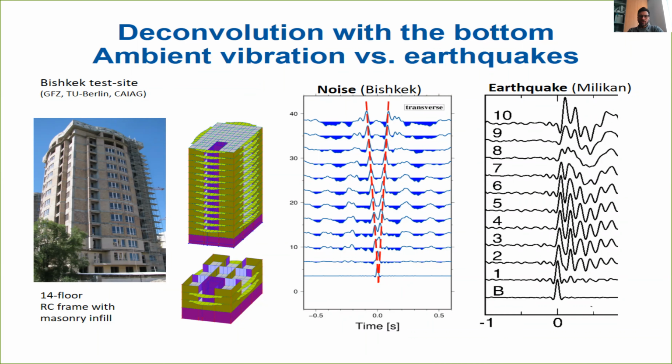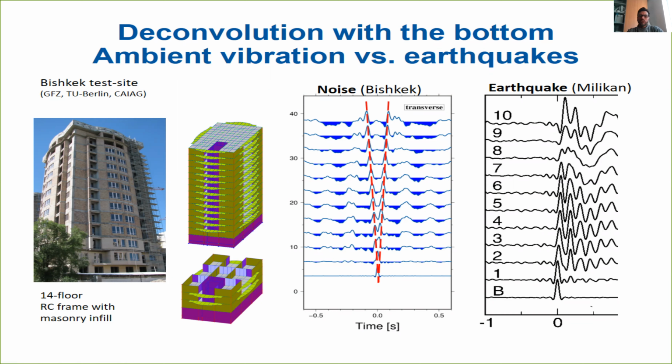If you use noise recordings, it means that we will not have only an input of shaking at the base of a building, but noise can be generated also inside of a building. For example, people moving or whatever machine is activated and so on.